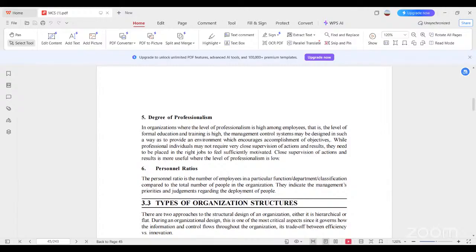Next, coming towards personnel ratios. What do we mean by personnel ratios? Here we are trying to show how many employees there are in a department compared to the total workforce. Automatically, it reflects your management priorities. Like in an IT company, high technical professionals will be there and few admin staff.